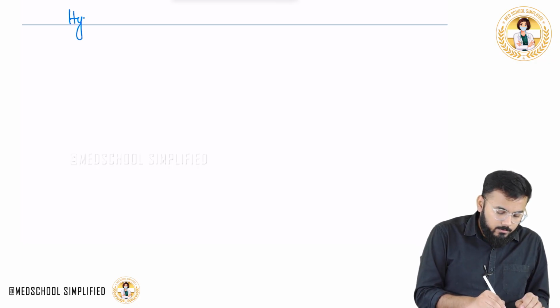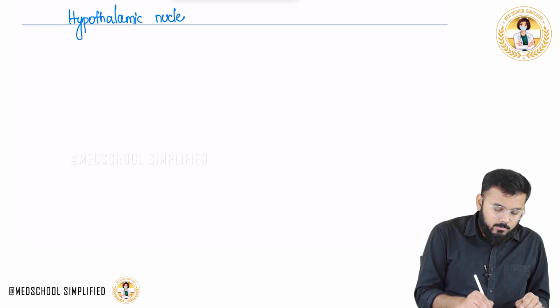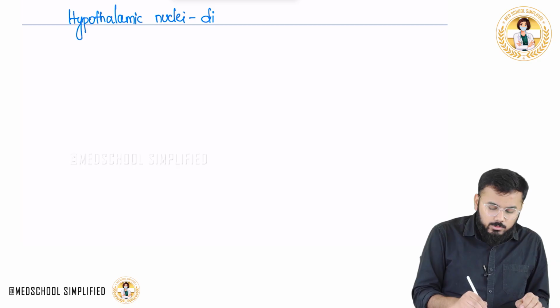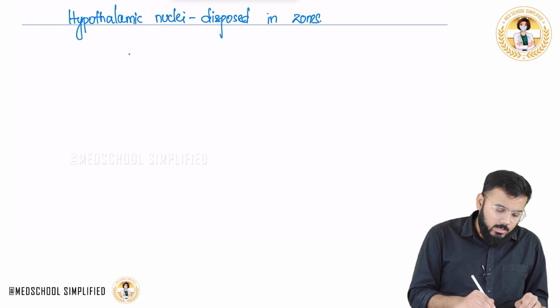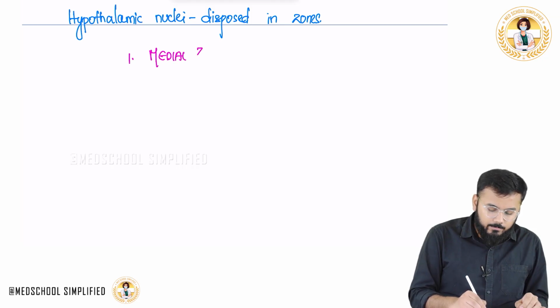So hypothalamic nuclei are disposed in zones. What are the two zones where these nuclei are dispersed? One is called the medial zone, and the second is called the lateral zone.